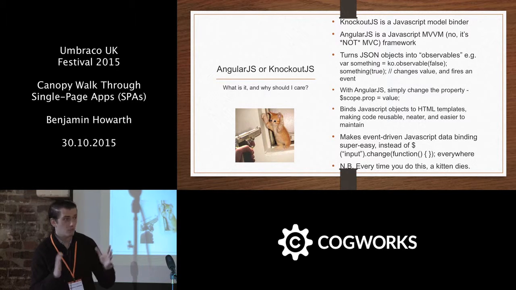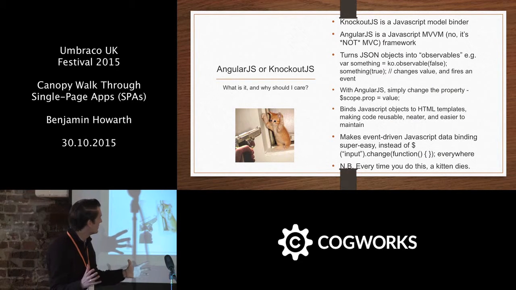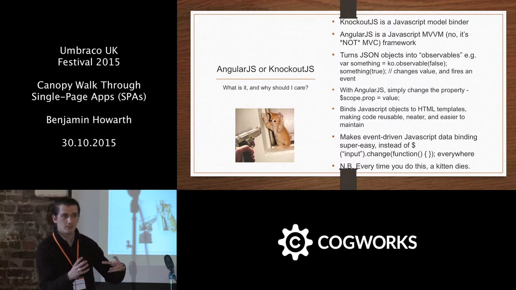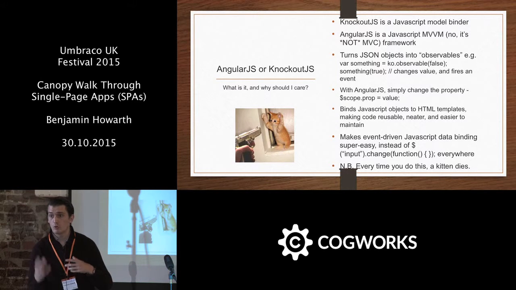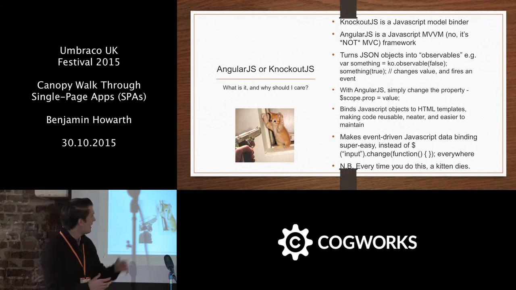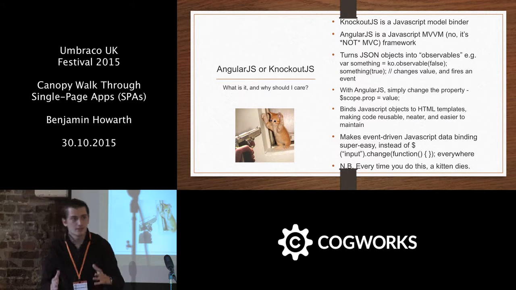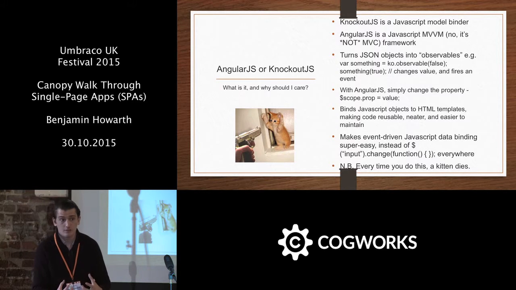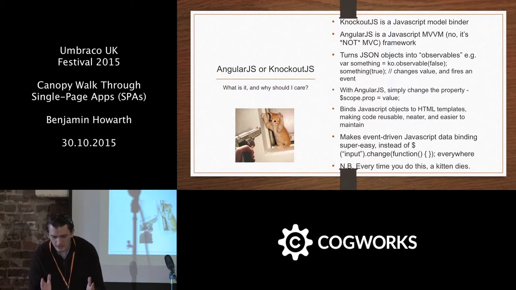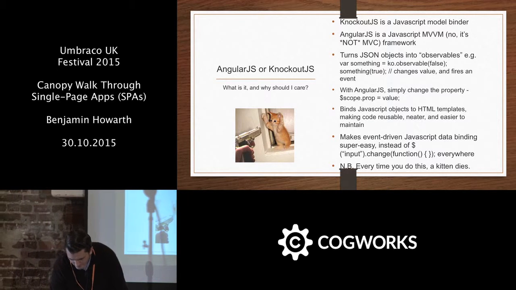And the client was like, wow, that's just what we need, something that does all that model binding automatically. It takes all the ball ache out of having to do your event handling that way with jQuery. You can actually focus on real business logic rather than having to worry about the way the UI is handling it. Knockout and Angular do that all for you.